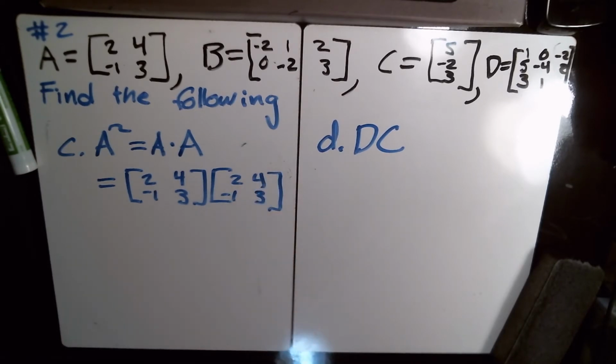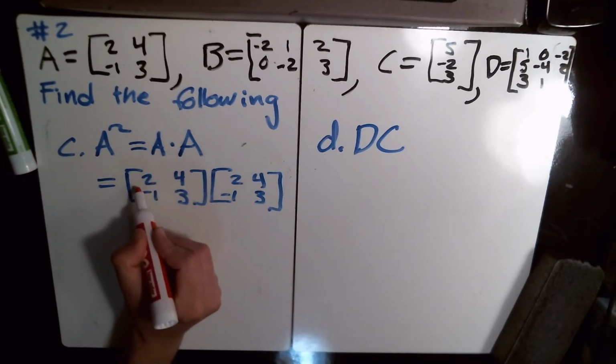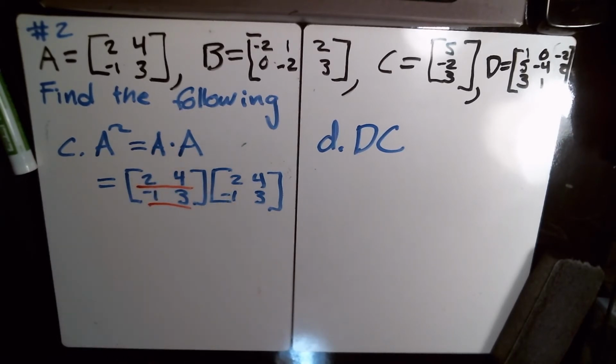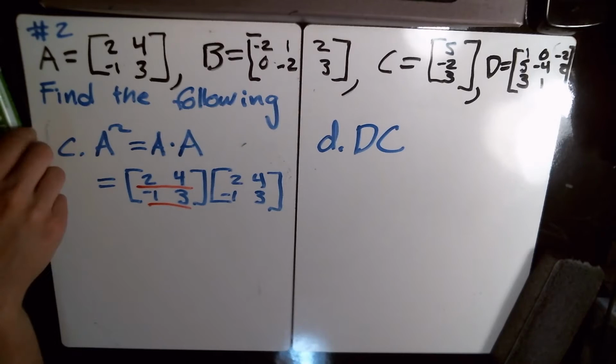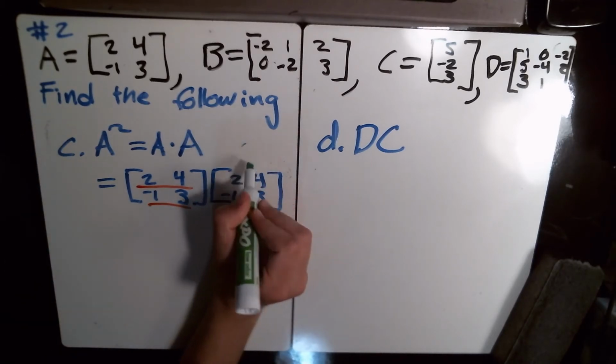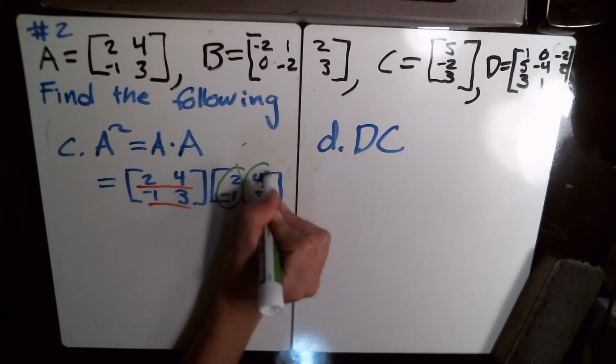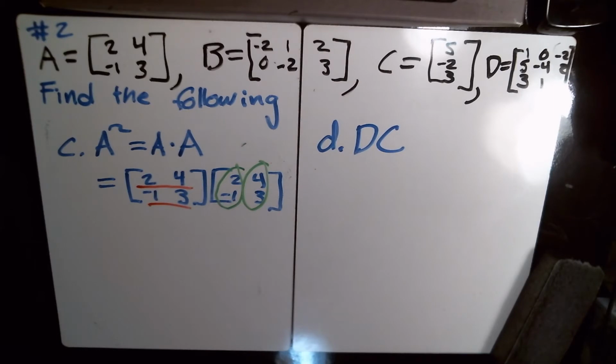And remember, this is not as simple as just timesing corresponding entries. You have to do rows of this matrix times the columns of the other matrix. So, let's do it.